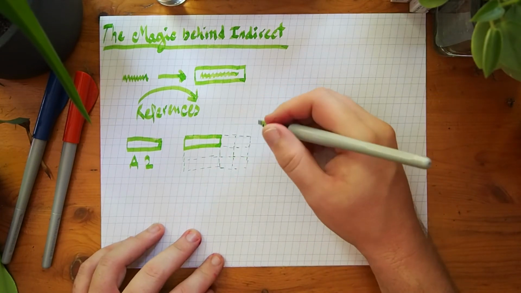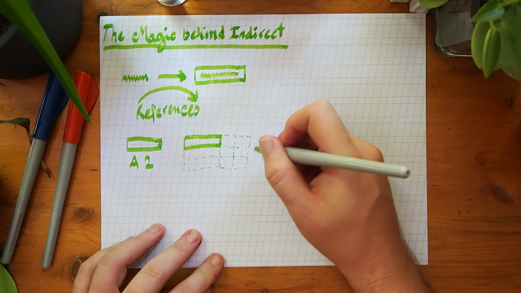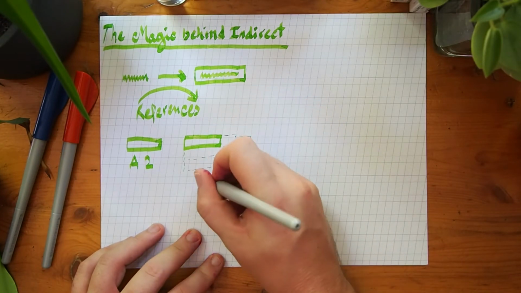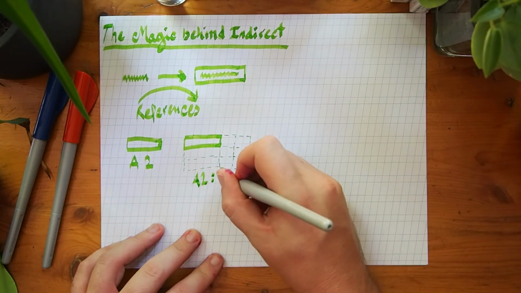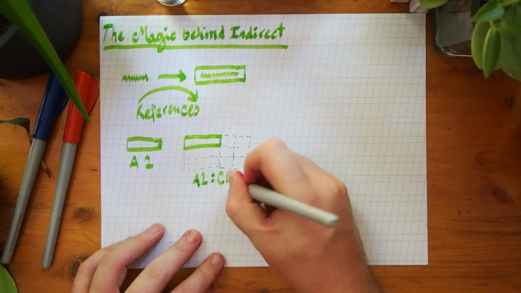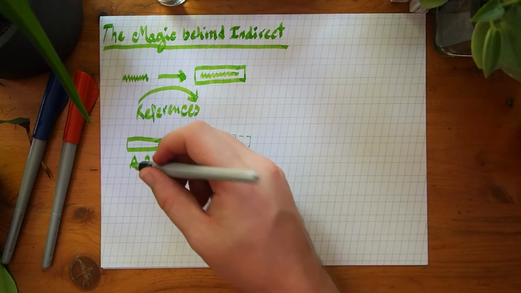Let's say this is A2 and this is C4. So A2, colon, C4 is how you could see it. So you can make Excel references to ranges and to singular cells.